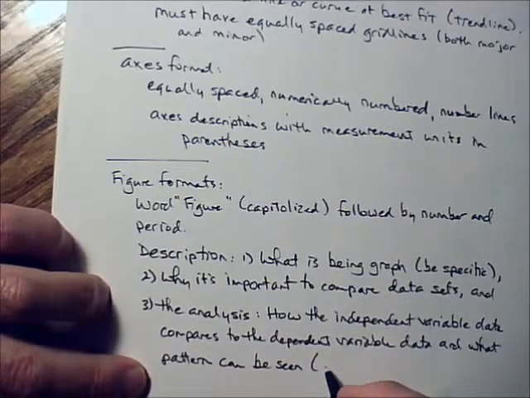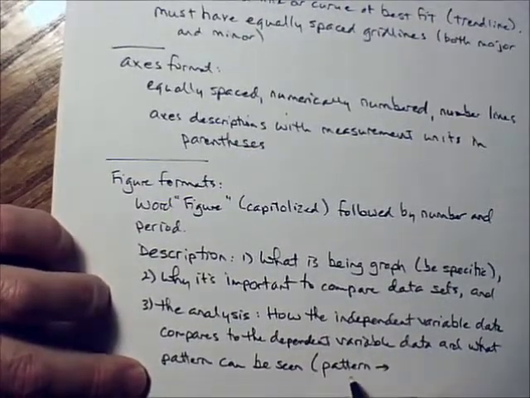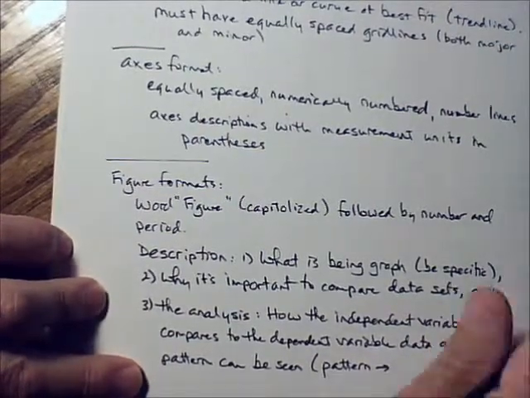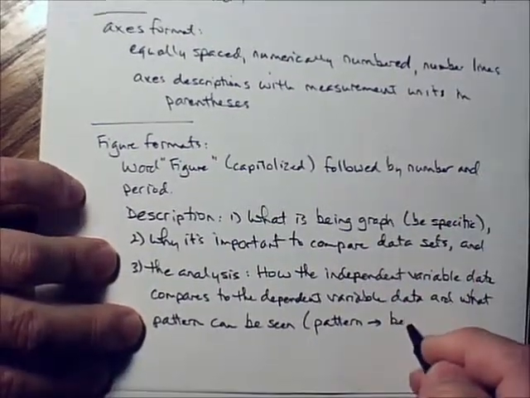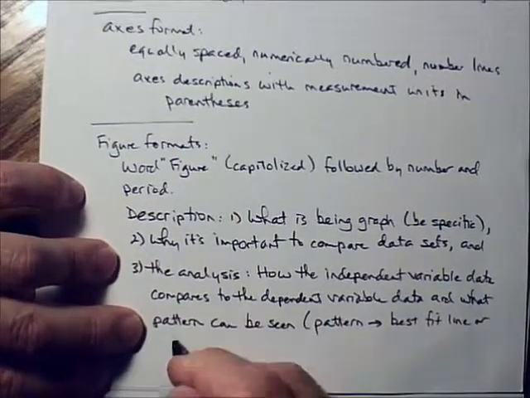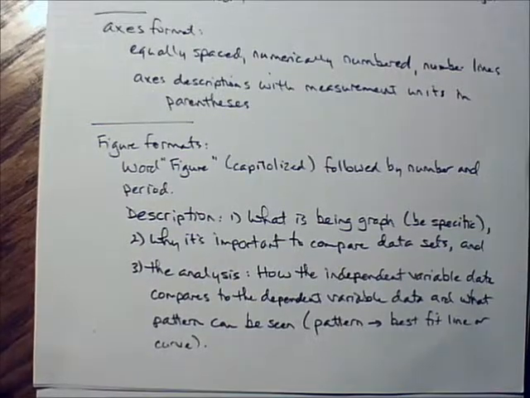The pattern can be seen from whatever your best fit line or curve is. That's why you put a best fit line or curve in there, or your trend line or curve. Got all that?